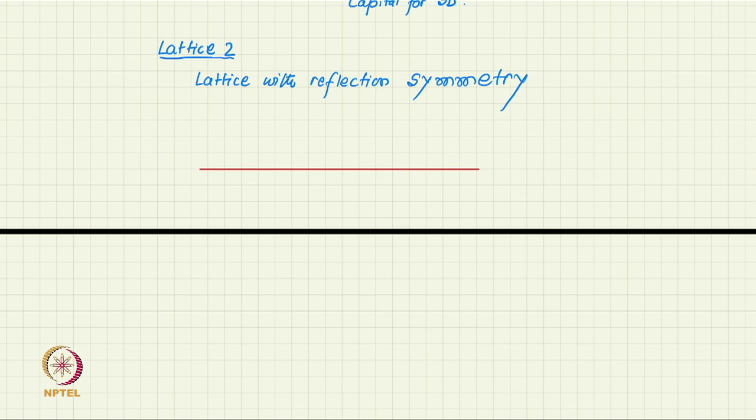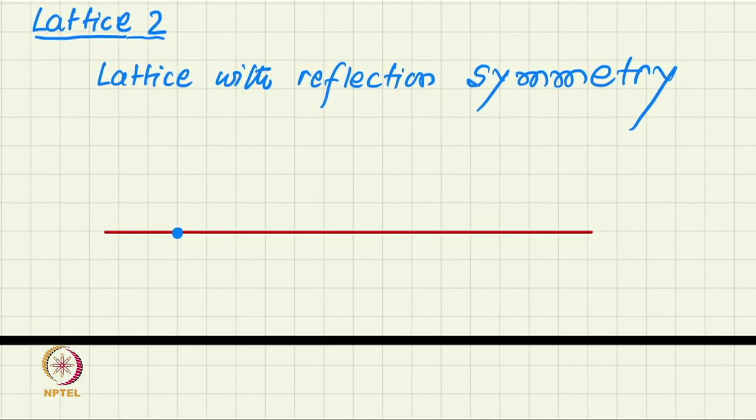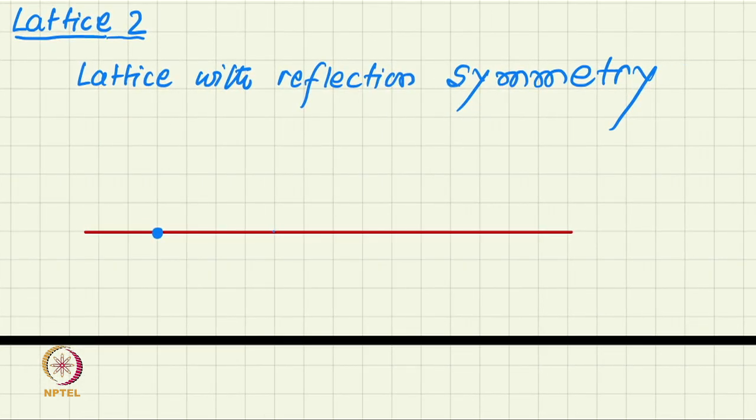So, for example, if I put a lattice point on my mirror plane, there is no problem. One periodicity direction can be taken as in the direction of the mirror plane itself, because each lattice point is then getting reflected into itself as far as the points on the line are concerned. So, mirror plane is satisfied.